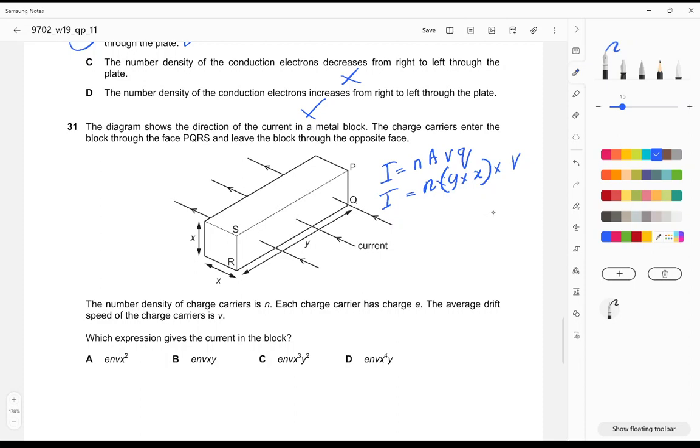We represent the charge as e, because it is given as e here. So the answer should be nYXve.